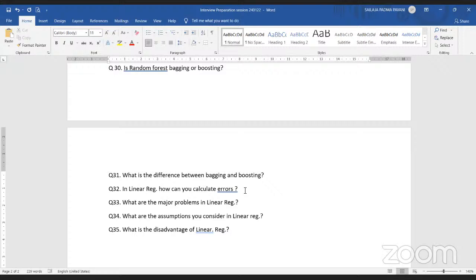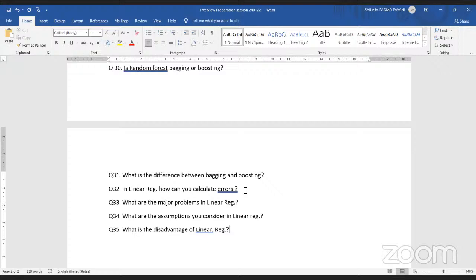Here, in linear regression, we are assuming linearity between the independent variables and the mean of the dependent variable, right?